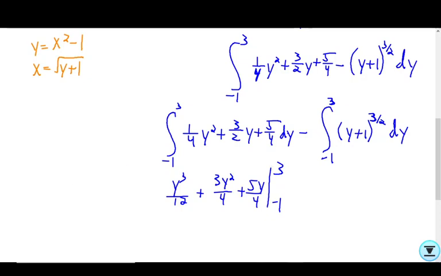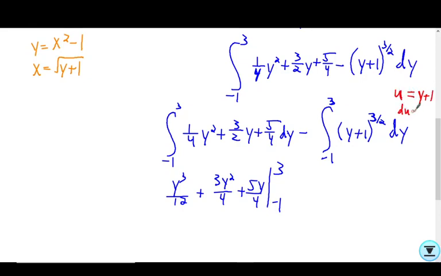Okay. Now on the other one, you got to do u-substitution, which, if you practice it enough, should be really easy. u is equal to y plus 1, like this.